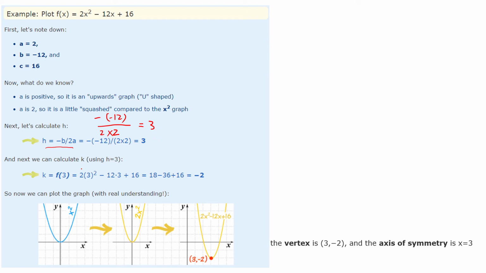And by substituting 3 into here, we have f(3) equal to negative 2. So by this rearrangement, we find the vertex. So now it becomes very easy to draw the graph. So we can now plot the graph, right?